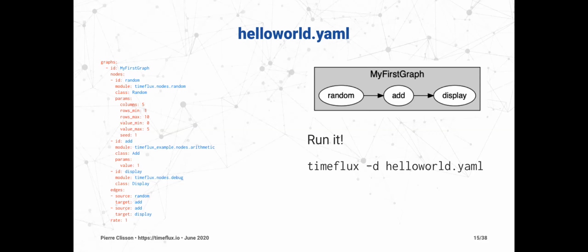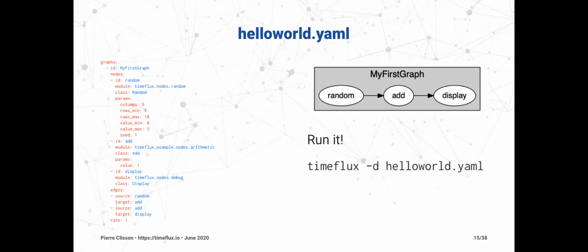This is the helloworld.yaml file, the most basic pipeline you can do with Timeflux. Everything is detailed on the tutorial webpage on the documentation site, so feel free to go there and follow along if you want, and take the time you need to explore this.